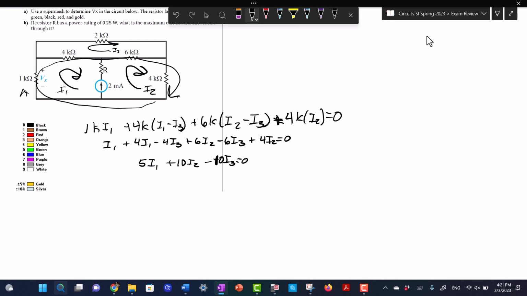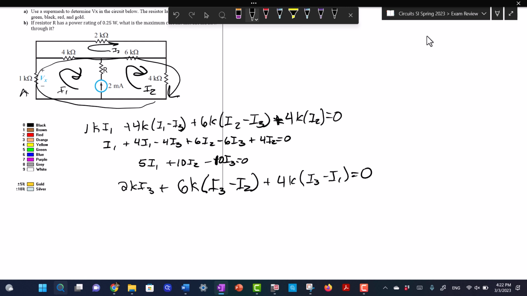Okay, now I'll do my top mesh. So at the top, it's just I3. So that's 2K I3 plus, and as I come around, I've got 6K, and I've got I3 minus I2, and then continuing around plus 4K times I3 minus I1 equals 0.